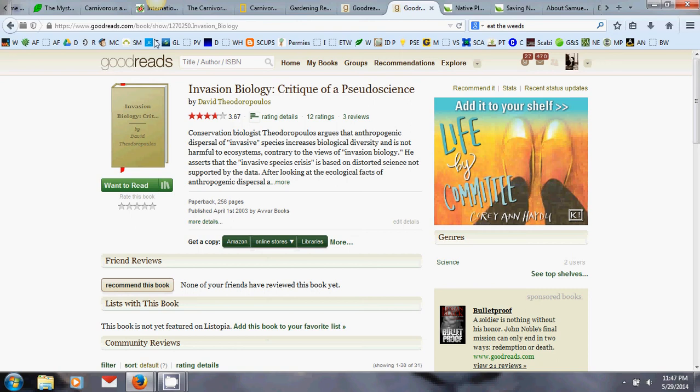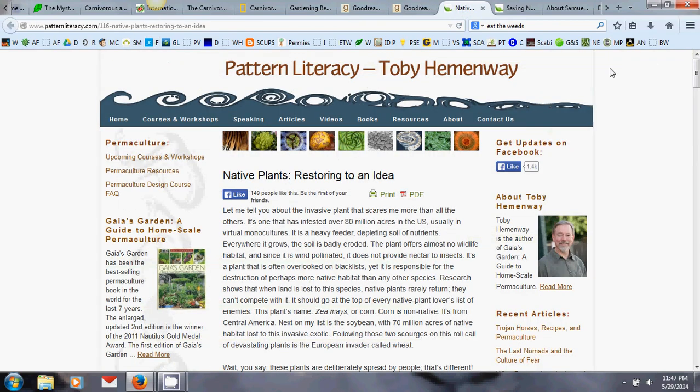And if you don't feel inclined to actually read the books on it, then I recommend this article by Toby Hemingway, which I'll admit I pretty closely agree with. And I think that the common permaculture stance is plant natives first.